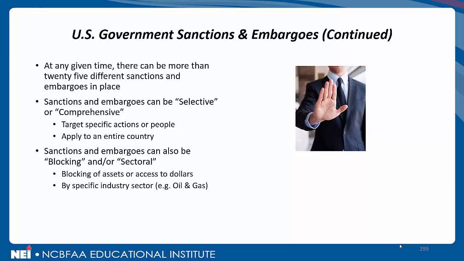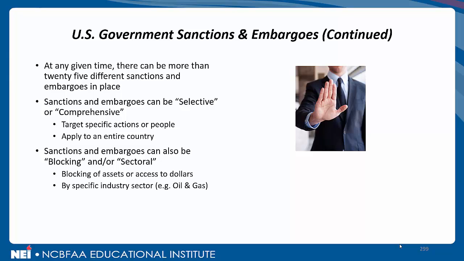Another important distinction to make is in our last bullet point. Sanctions and embargoes can also be blocking and or sectoral. Blocking meaning the blocking of assets or access to dollars across the board for a country, or by specific industry sector. We've seen that off and on for a number of years against Russia, for example, in the oil and gas sector.